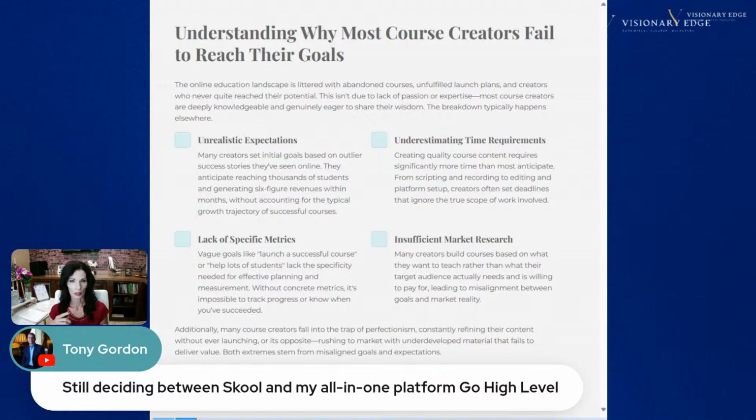So looking at what you would need for tech and software solutions, for instance if you're going with Skool, or if you're going to be running paid marketing to start marketing your business. I recommend at a very minimum looking to do some Facebook ads or Meta ads. You can create a free lead magnet and run ads for as little as $5 a day, $10 a day to start generating leads, building your email list or sending them directly to your Skool community if you're going to do it that way.